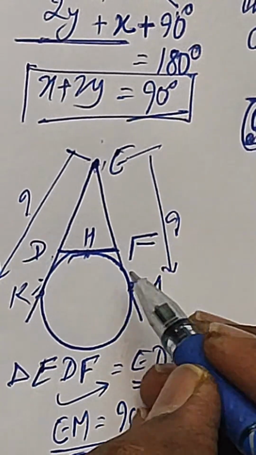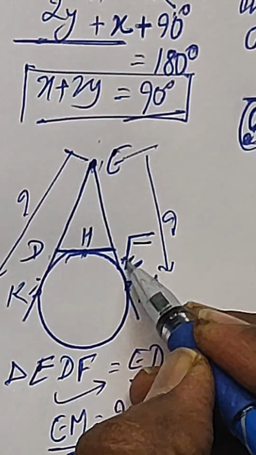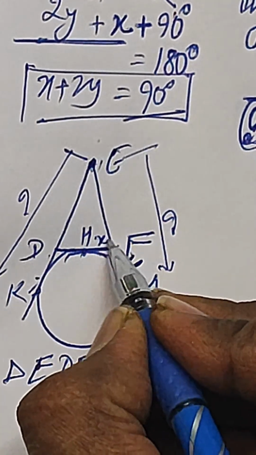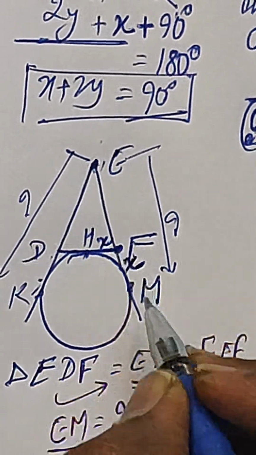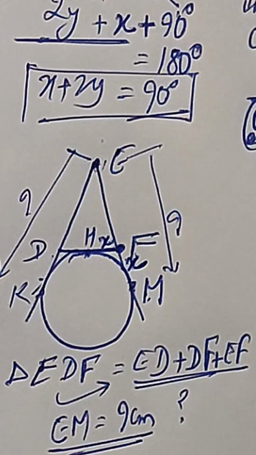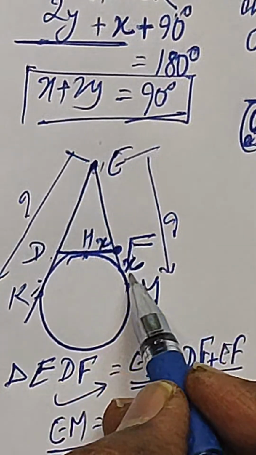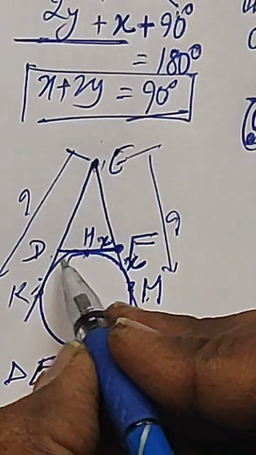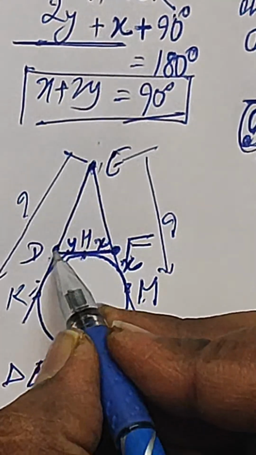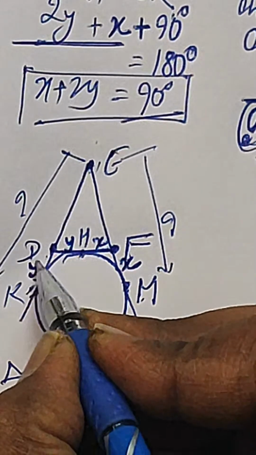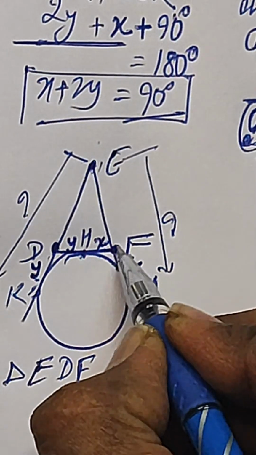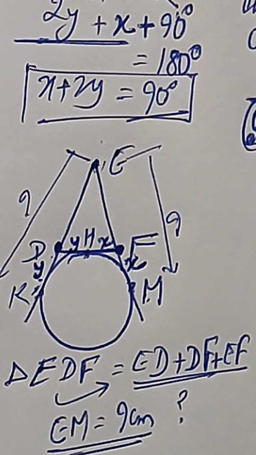If FM is x, then FH will also be equal to x, because F is the external point from which two tangents are drawn to the circle, isn't it? And from D, if DH is y, then DK is also equal to y, because D and F are external points to this circle.